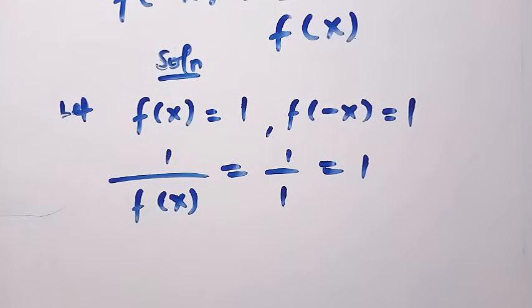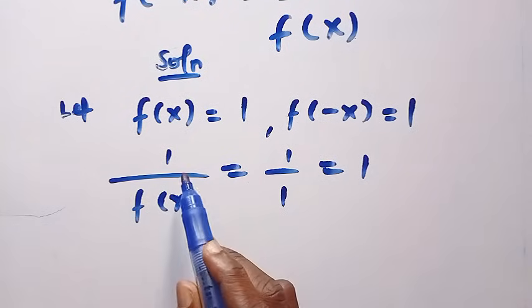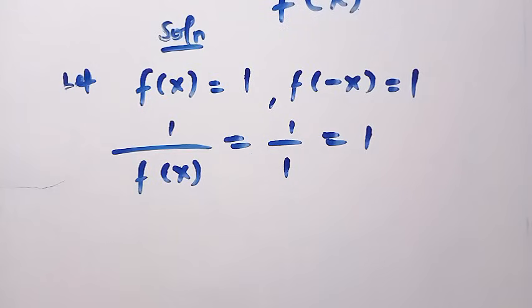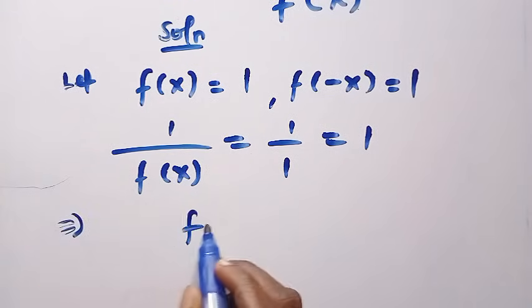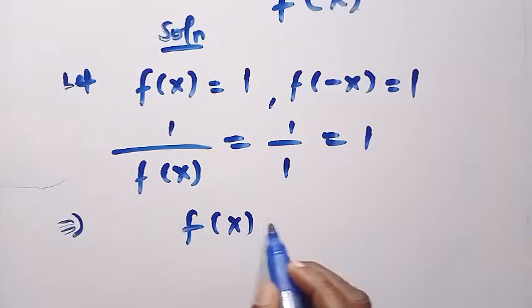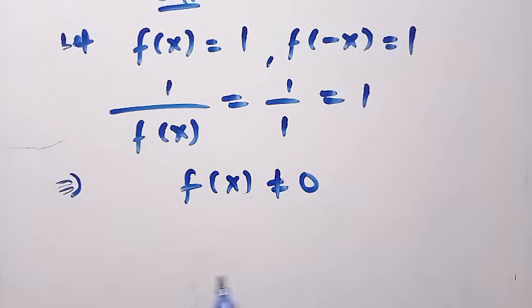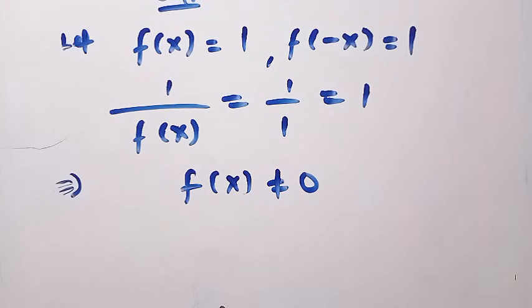So f of minus x equals 1 over f of x, everything equals 1, and this is true. We must note that f of x will not equal 0, so that is a valid condition we are going to consider from here.